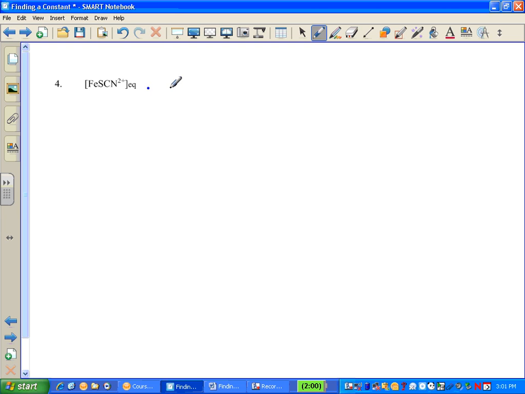What we were dealing with in that particular test tube is the following scenario. I prepared a solution for you where the concentration of the iron in the test tube was 0.18.